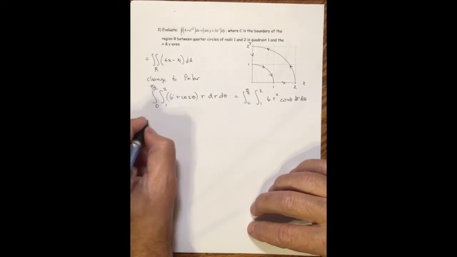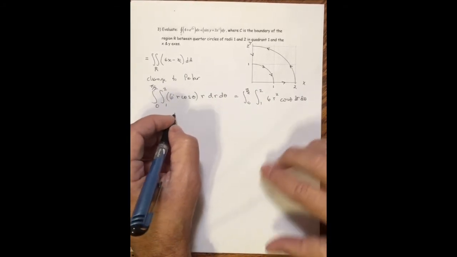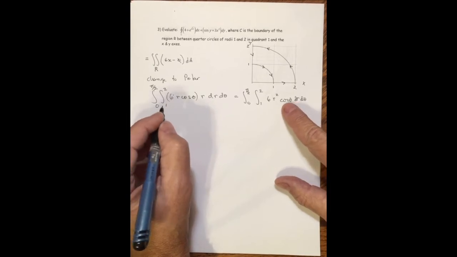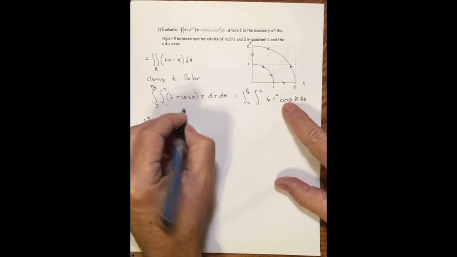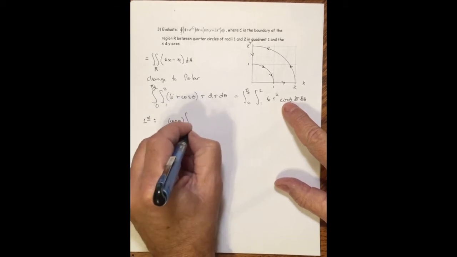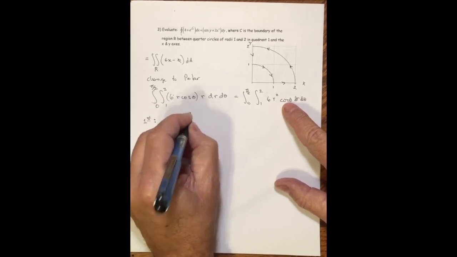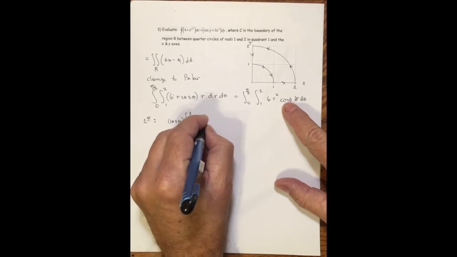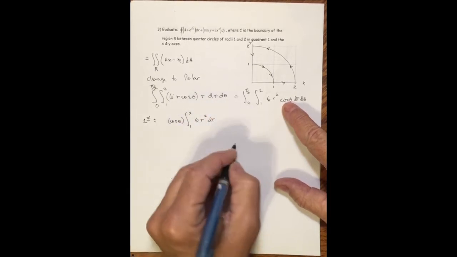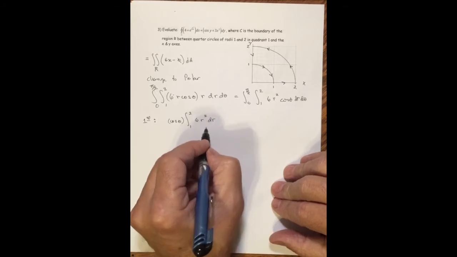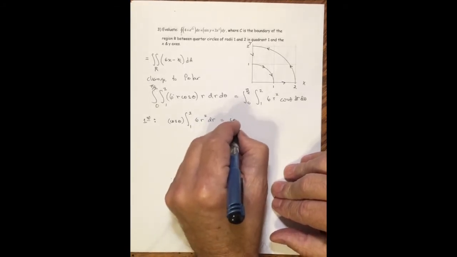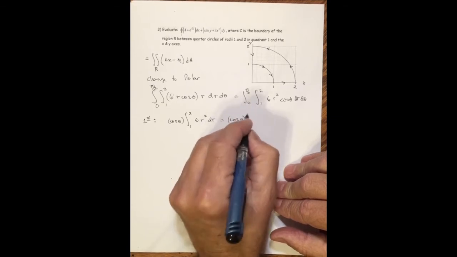Okay, let's look at the first integral. Now in the first integral, we're integrating with respect to r. The cosine theta would be a constant with respect to that partial integral. So we're integrating from 1 to 2, 6r squared dr. When we integrate, completing the integration, we get r cubed over 3. So this would be a cosine theta.